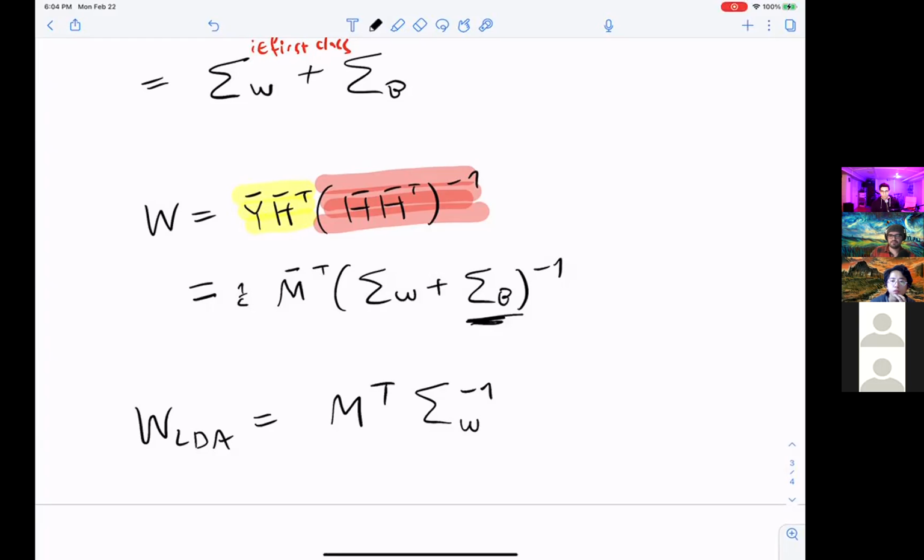Is this a satisfactory condition, or would you like other conditions? I actually just meant, can you think of any rank C minus 1 matrix as the sigma B and have that correspond to some kind of network?